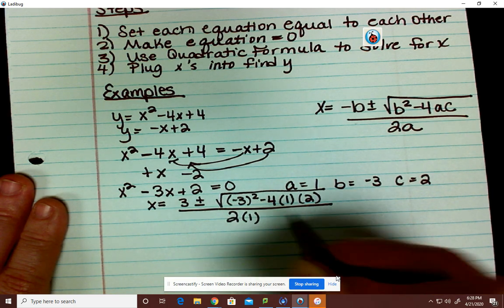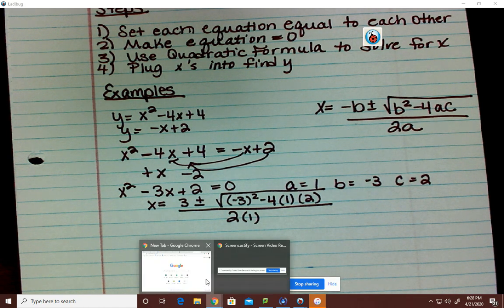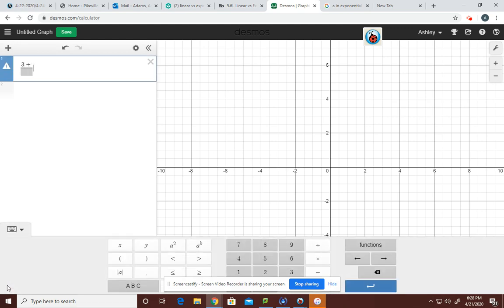over 2 times a. Now I know most of you are having to use Desmos, so I'm going to pull this up to show you and remind you how to type it in. All right, so I type 3 divided by, to get my fraction. Then I go back up here and put plus, and then I need my square root.